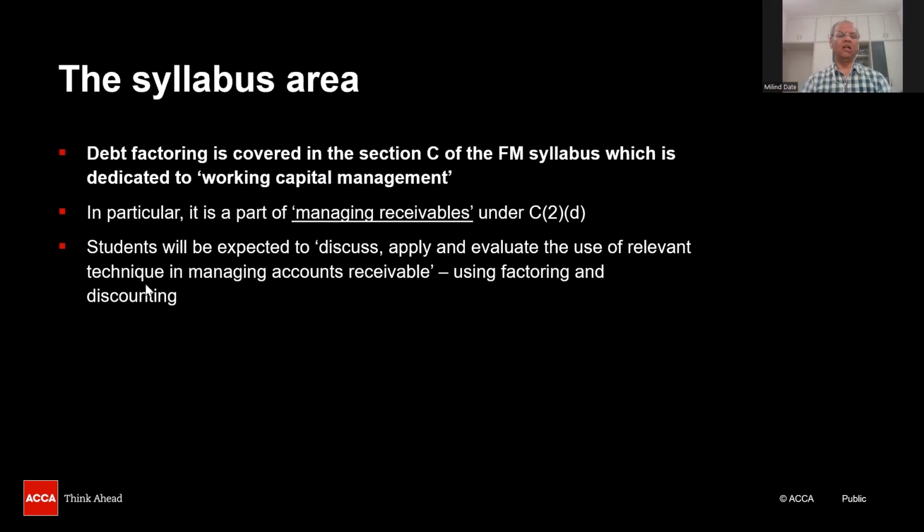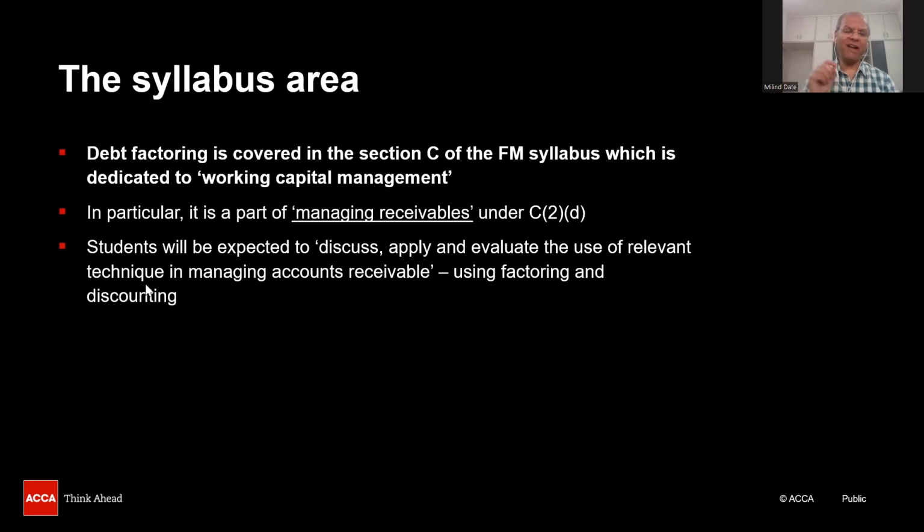So although the learning objective uses verbs like discuss, apply, and evaluate, it doesn't directly signal that the questions on this topic would be based only in section C of the examination, that is the constructed response type questions. Because the examiner has clearly mentioned that in section A and B, where objective type questions are asked, the questions can come from any syllabus area.